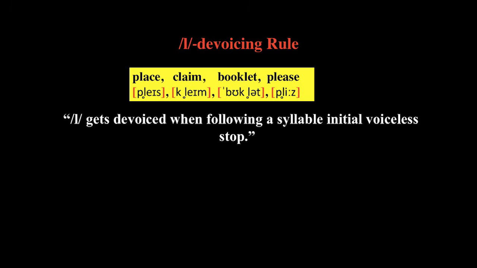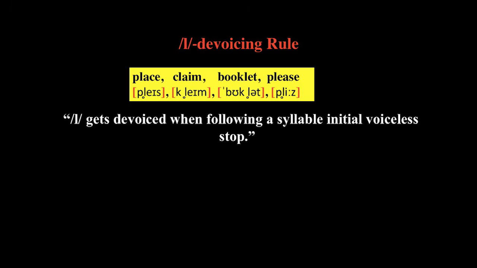So a general rule to describe exactly the L devoicing here in English is the following. L gets devoiced, or becomes voiceless, whenever it is occurring after a voiceless stop in an initial syllable. So how do we translate this rule into a phonological rule statement or notation? Simply we write this.